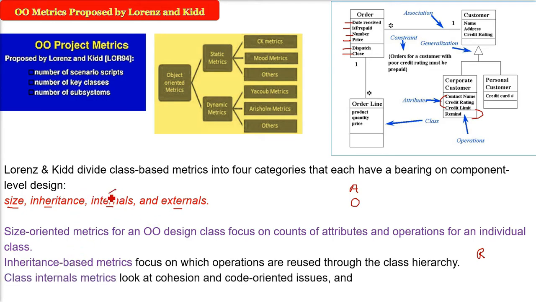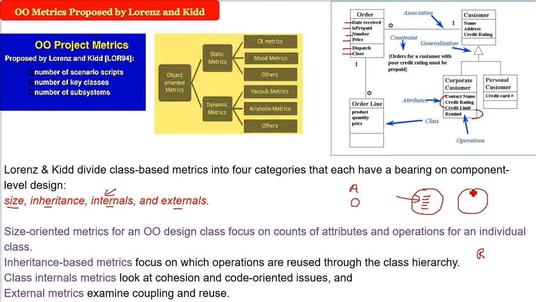Then the class internals matrix talks about cohesion and code-oriented issues. So if we are talking about a class, does this class do all the like-minded, single-minded, one-point oriented work? The external matrix is talking about coupling and reuse. Coupling means, between 2 modules, how much interaction they have.